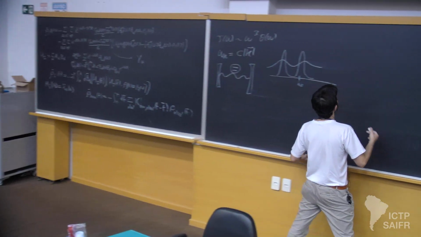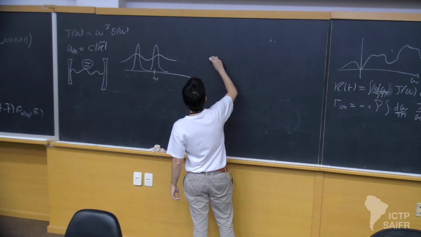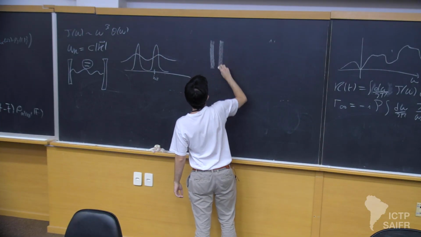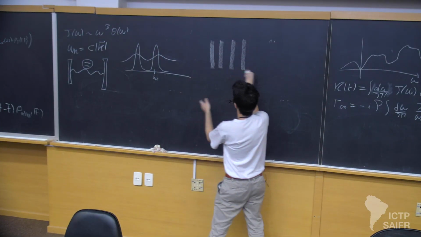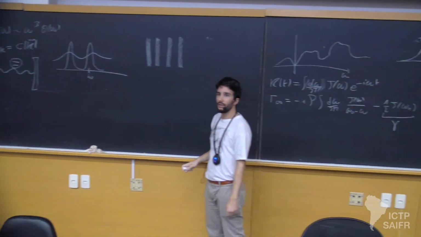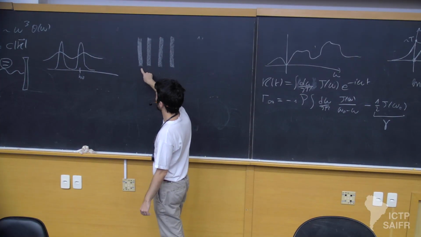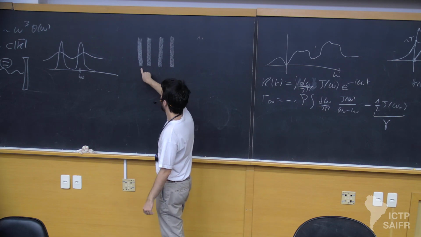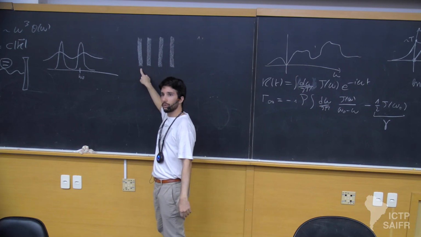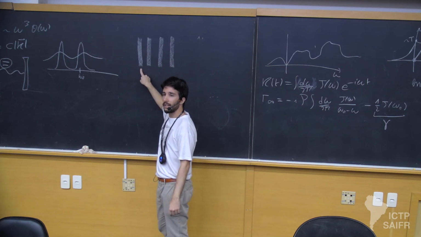If you have a system in which you alternate layers of material with different refraction index at a spacing comparable to the wavelength of light, then you can have a photonic crystal.